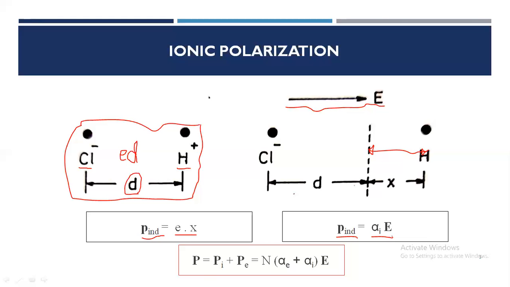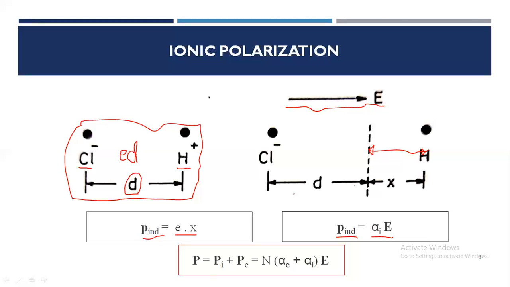the ionic polarizability. This polarization is also called the molecular polarization, in which the bonds between the atoms are stretched by the applied electric field when the lattice ions are charged.